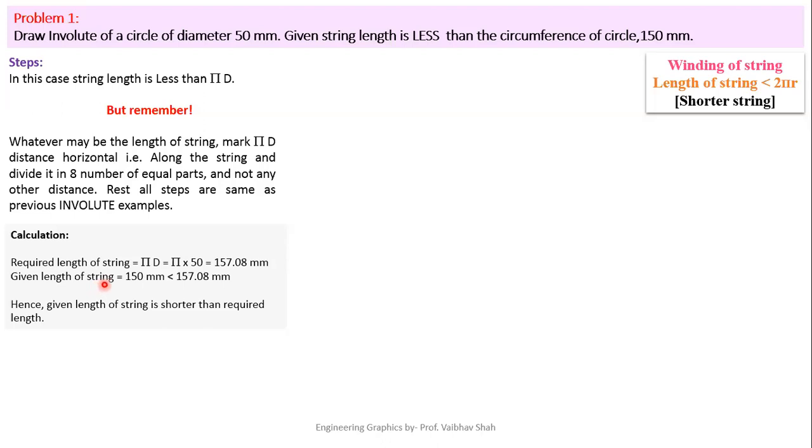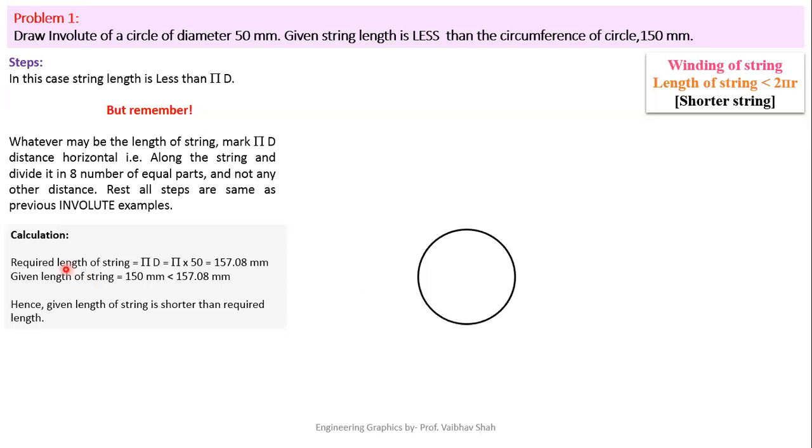So now what is the required length of string? So let us suppose we want to wound round the string around this given circle. So that means that if we are winding the string over this circle, to completely cover the circumference of the circle, the string length must be exactly equal to the circumference of the circle. So which is nothing but the required length of string to cover the complete circumference of the circle during the winding or unwinding operation.